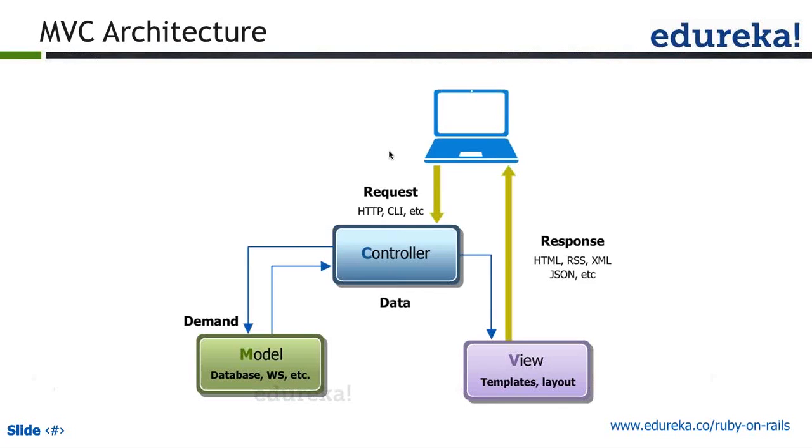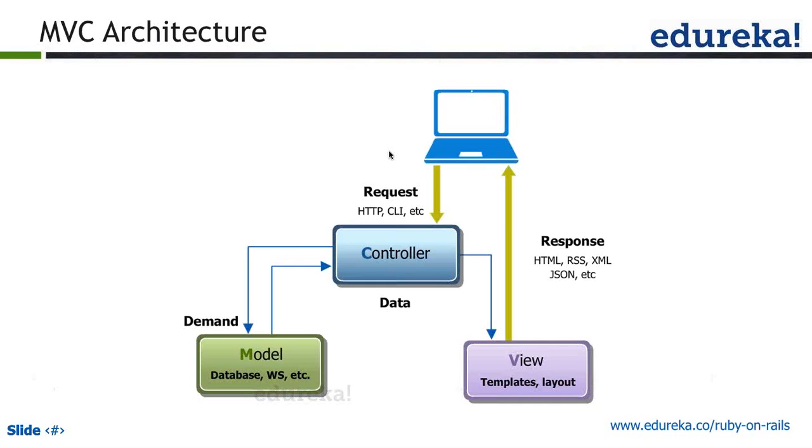So this is how it looks. A request comes from the user. The user types something in the browser, let's say www.websitename.com, like tutor.com or groupon.com.